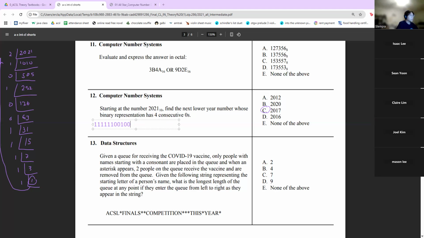Right, so this is 1. I'll use dashes to keep track. We subtract one more time, we're left with this, so that's 2. Subtract one more time, that's 3. Subtract one more time, that's 4. So if we originally started at 2021, subtracting 4 years would have given us 2017, and therefore the answer to this is going to be 2017.